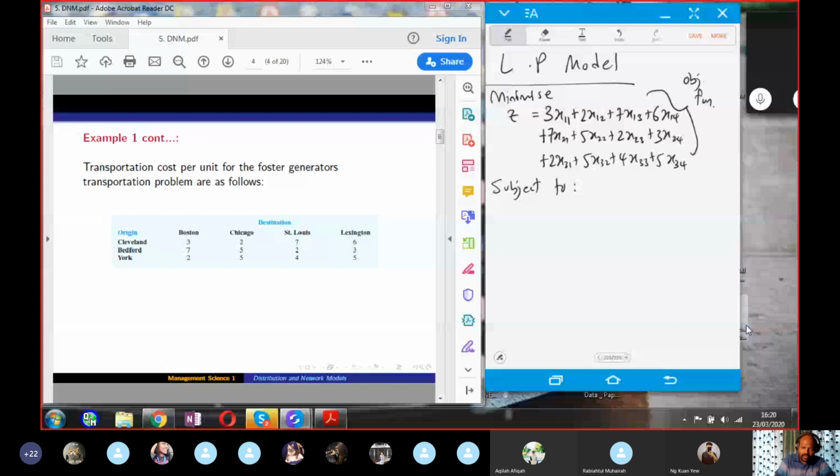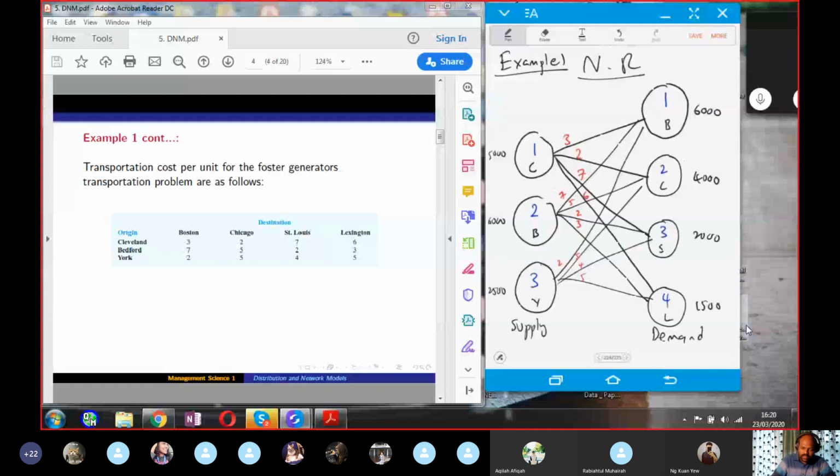Again, it is related to quantity. Remember, Cleveland only can produce 5,000, so whatever quantity goes out from Cleveland must be less than or equal to 5,000.